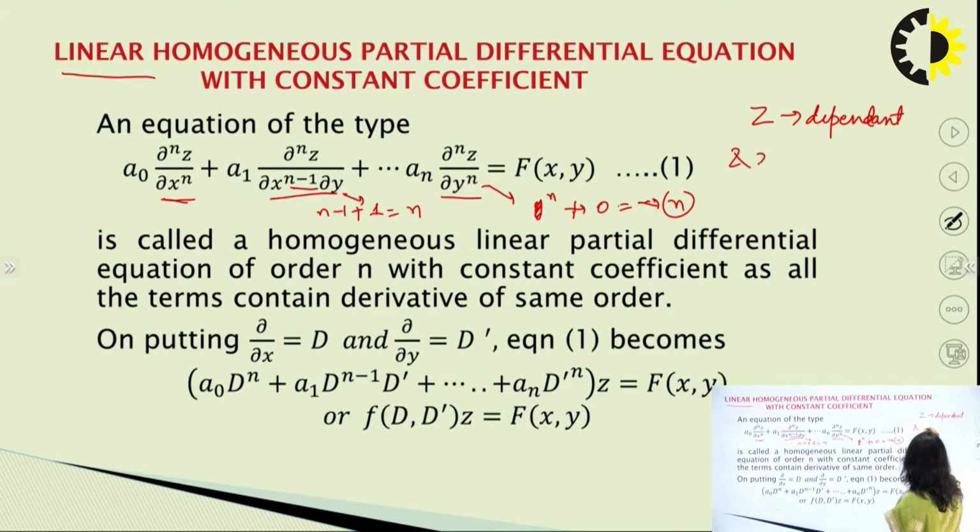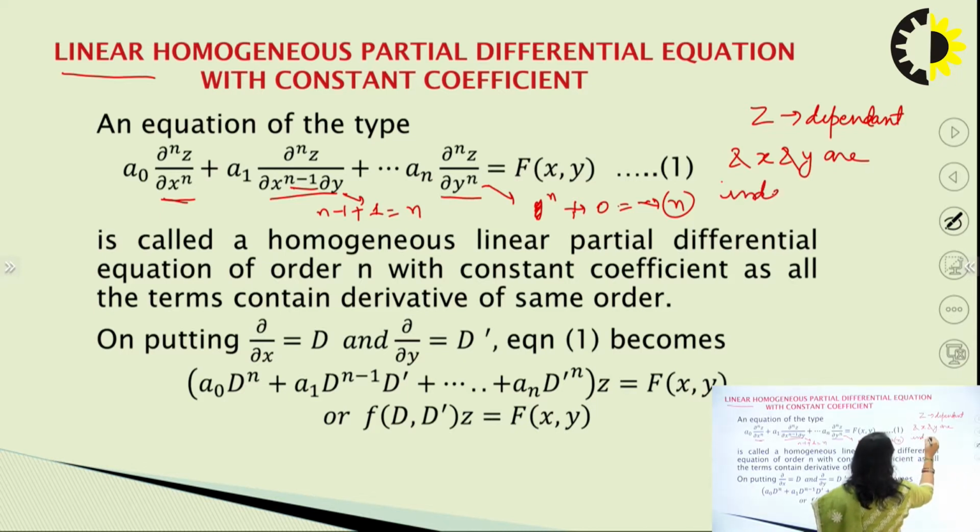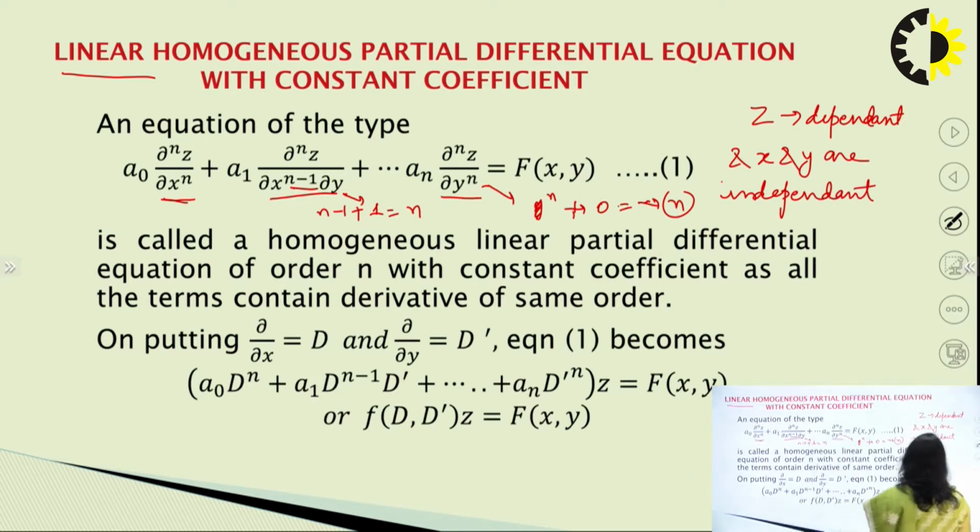There are two independent variables, so that's why this is a partial differential equation. Now we have understood why it is a homogeneous linear partial differential equation of order n.